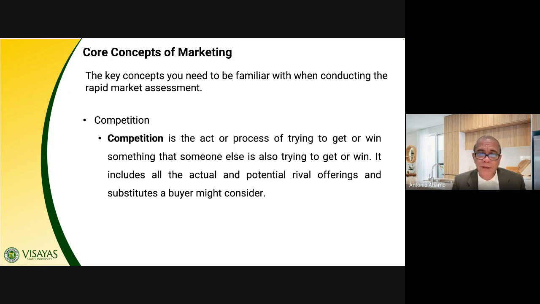Competition is the act or process of trying to win something from someone else. It's something you get to win. It includes all actual and potential rival offerings and substitutes a buyer might consider. So, in other words, if you win in the competition, you are competitive.